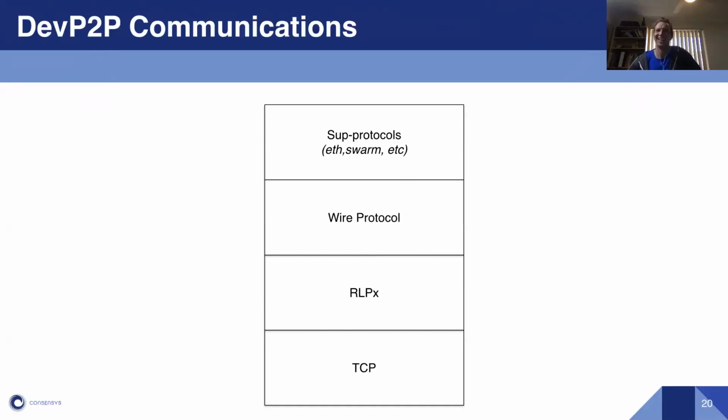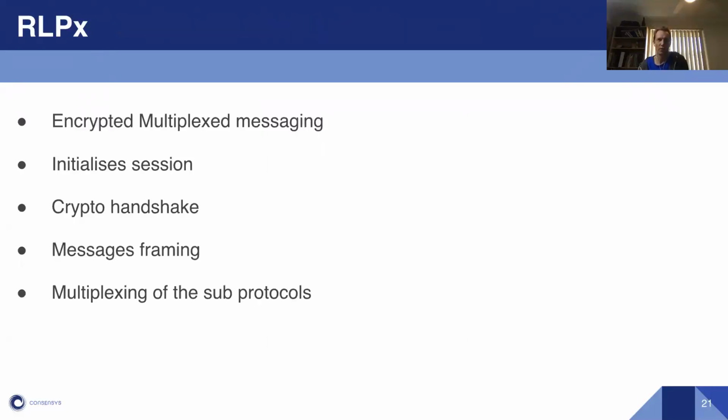So RLPx provides the encrypted multiplex messaging, which is a fancy way of saying that each message is encrypted, and the multiplex part is just that each message has at the start an indicator of what type of message it is.